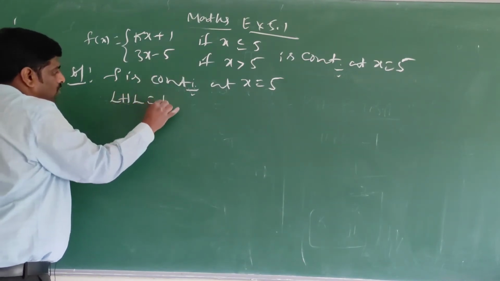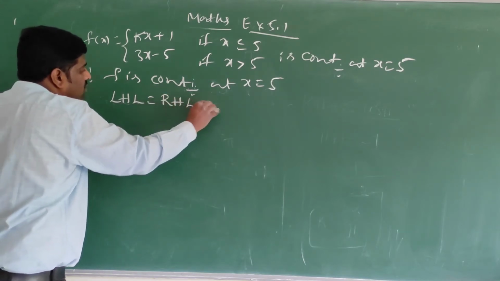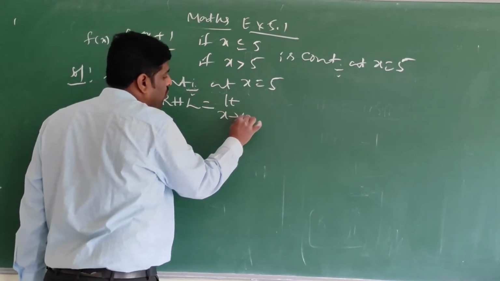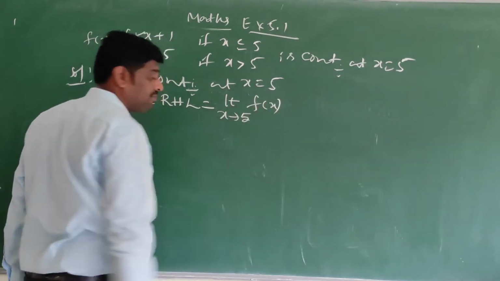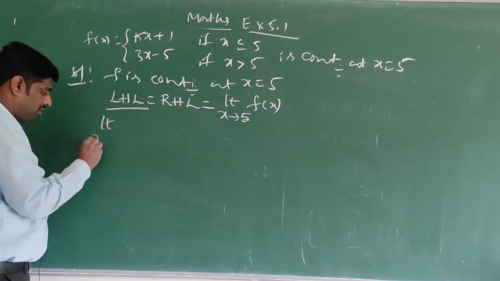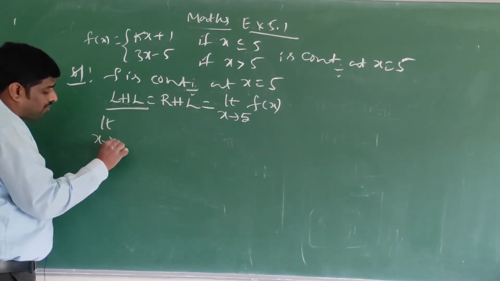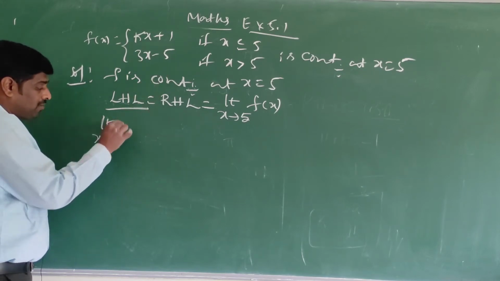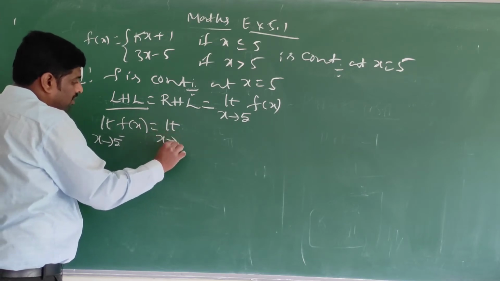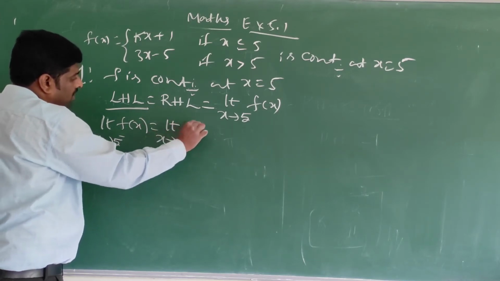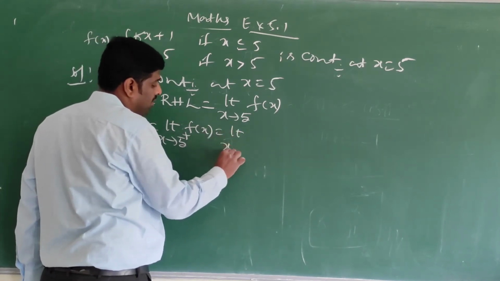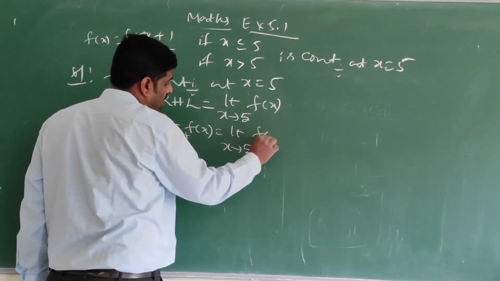LHL equals RHL equals limit x tends to 5 f of x. Got it? LHL means limit x tends to 5 minus f of x equals limit x tends to 5 plus f of x equals limit x tends to 5 f of x.